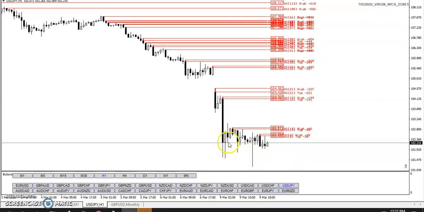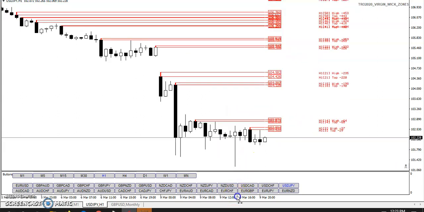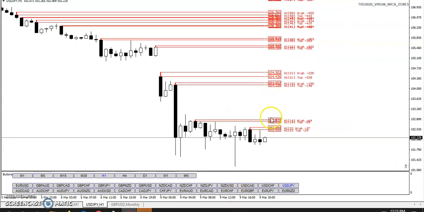And so right here, there was a virgin wick, but then price dipped in here, and then once again it moved up. So that's how you look for these wick zones. So they're targets. So like here, price got near. We decided to, or you would have decided to take profit off the table, and then maybe you can get in again.